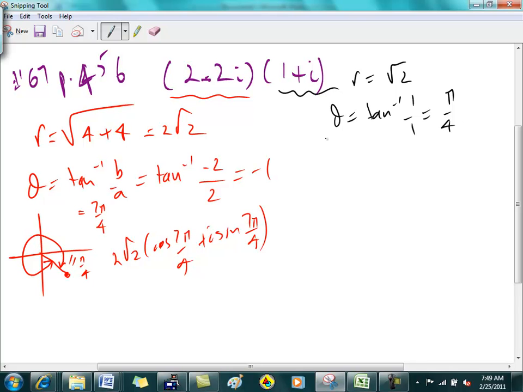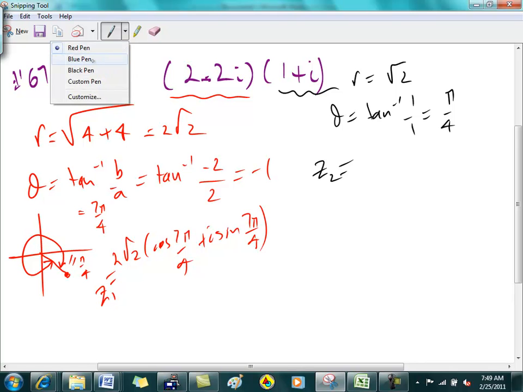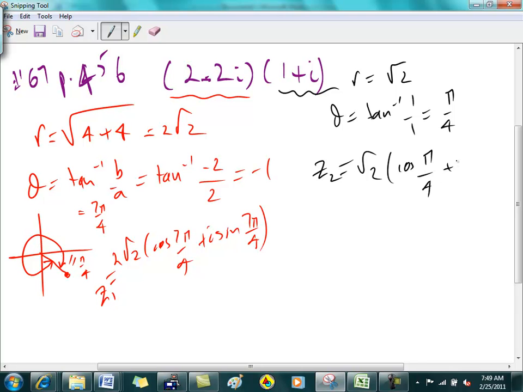So then the black complex number, let me call this guy Z2 and call the other guy Z1, Z2 is equal to root 2 times cosine pi over 4 plus i sine pi over 4. Okay? You with me on that?